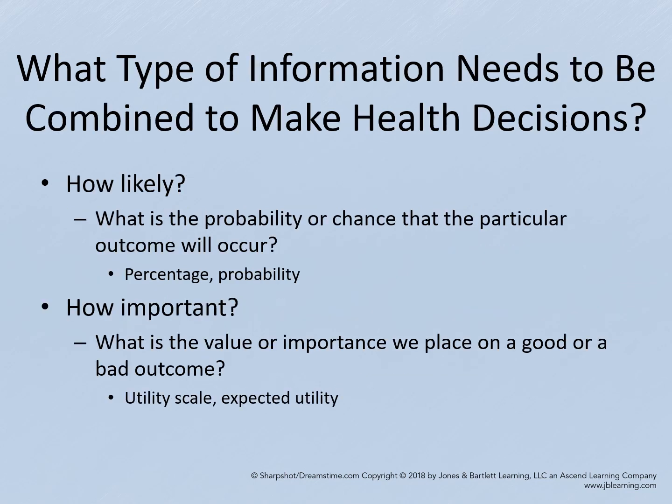So let's look at what type of information needs to be combined to make health decisions. First is how likely. What is the probability or chance that the particular outcome will occur? For example, what is the percentage of success with a chemotherapy?